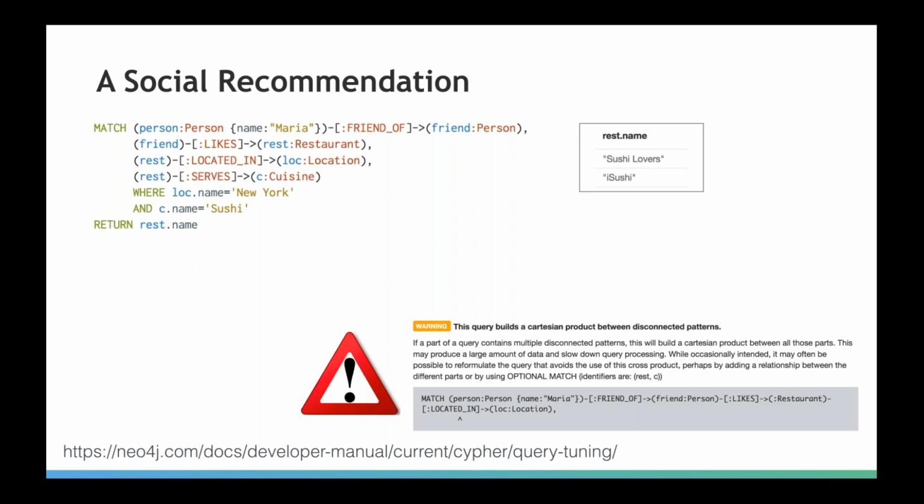And that is regardless of whether you do it in the relational database or in a graph database. So even with Cypher, we have to avoid being stupid and perhaps do some query tuning once in a while.